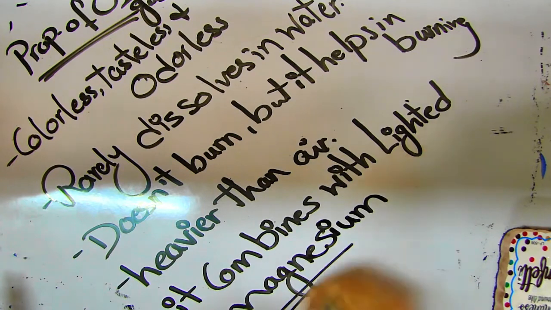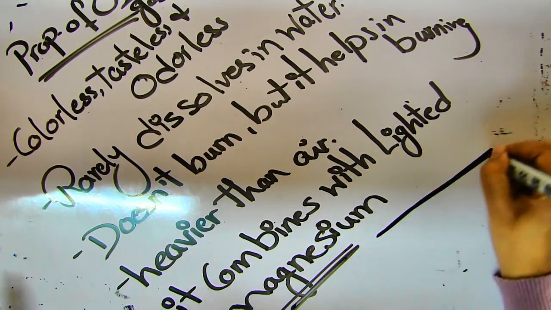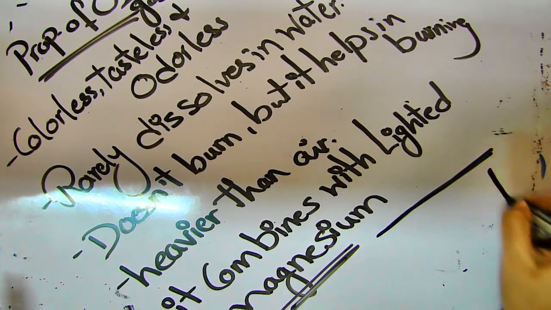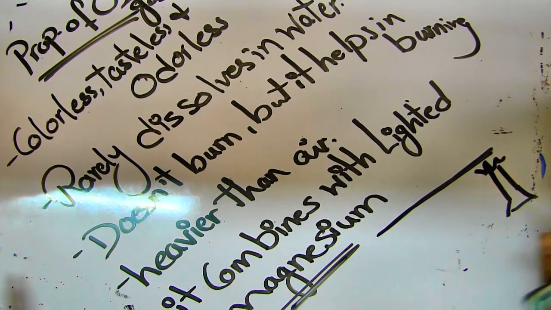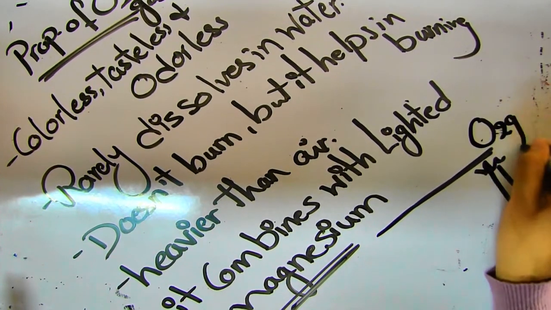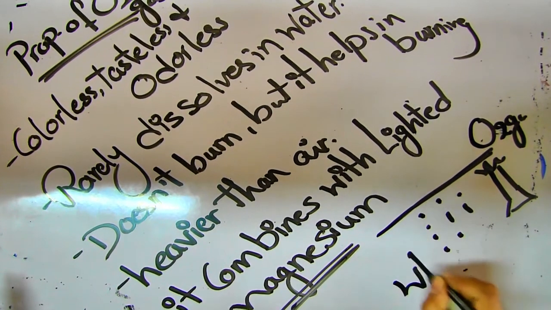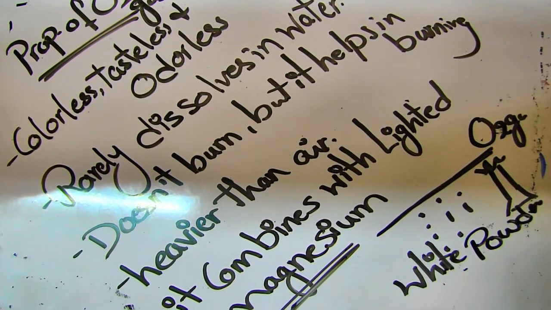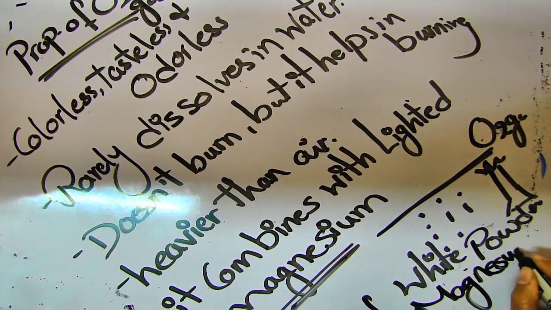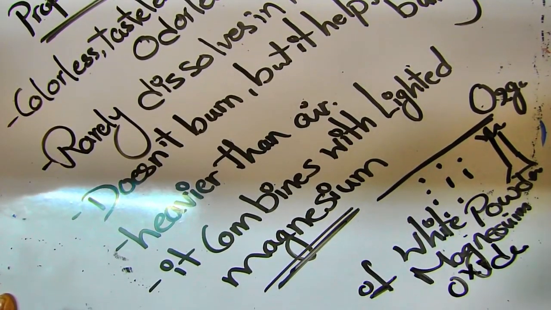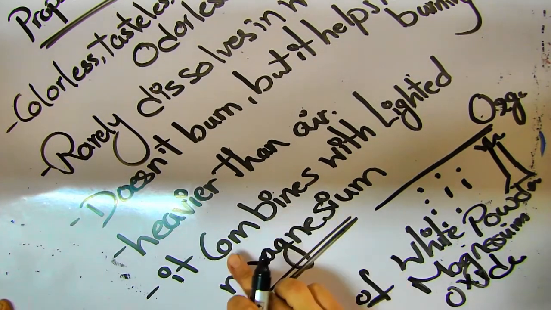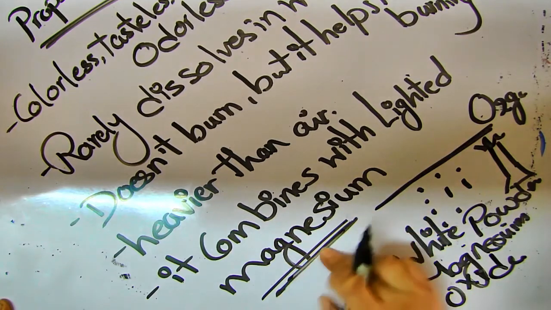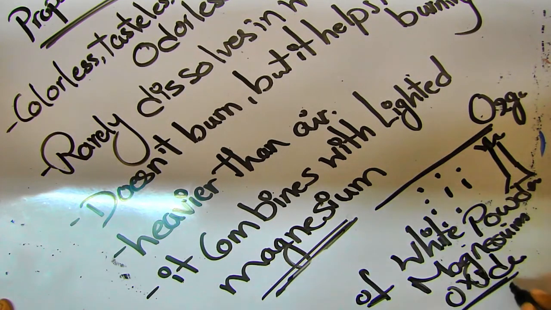If we get magnesium, which is a metal, and we light it, the magnesium will react with oxygen gas, forming a white powder of magnesium oxide.